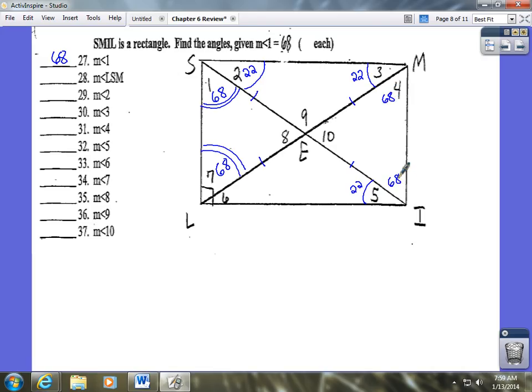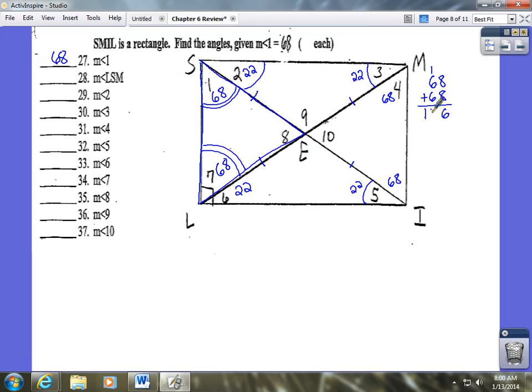And now we've got to figure out the middle ones. To do that, I'm going to look at one triangle at a time. I know that the sum of the measures of the insides of the triangle equal 180. So I'm going to add 68 plus 68, which is 136. And I'm going to take that away from 180.